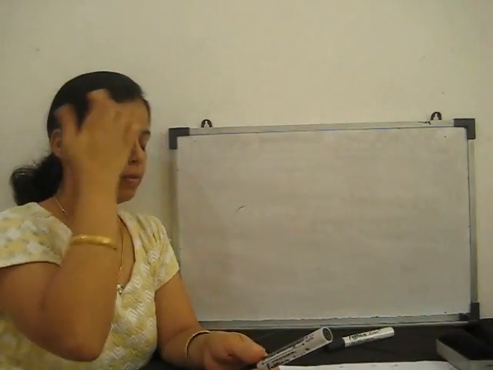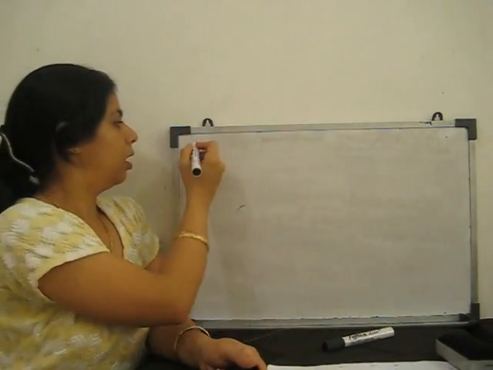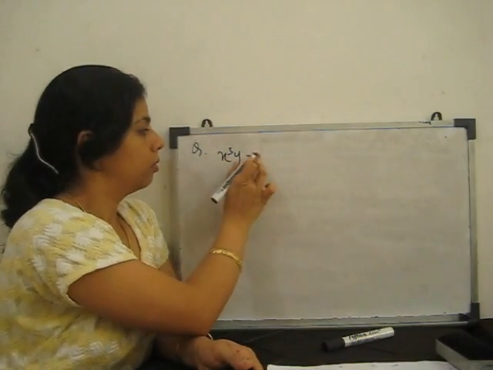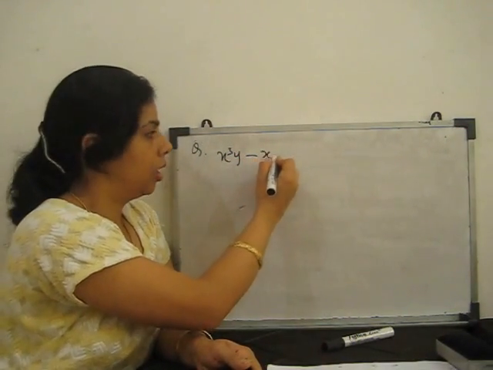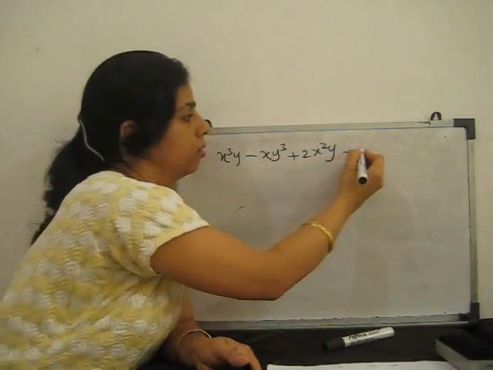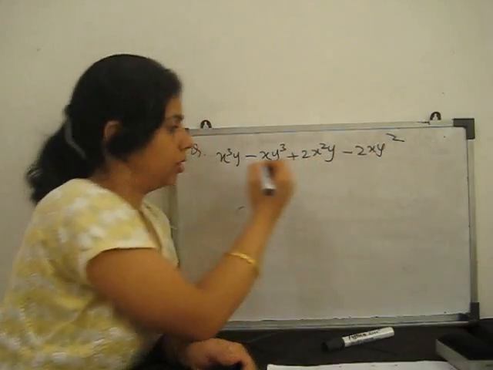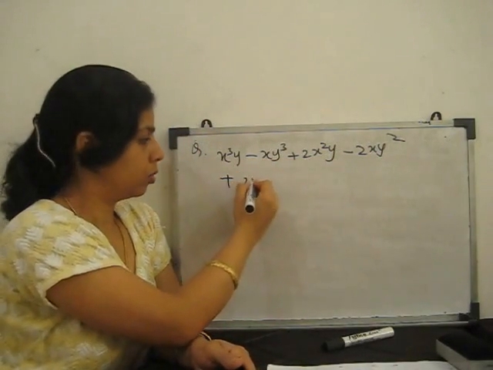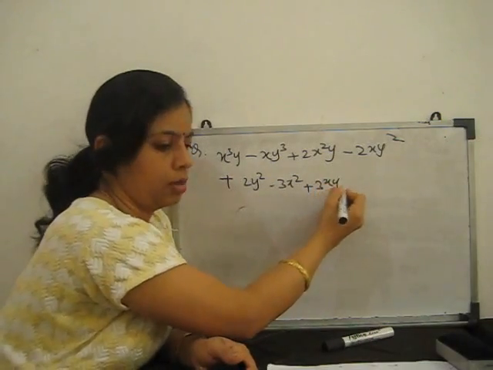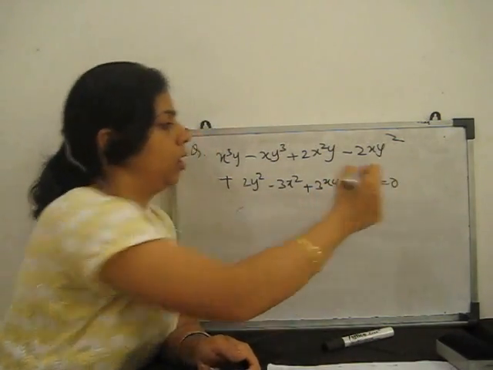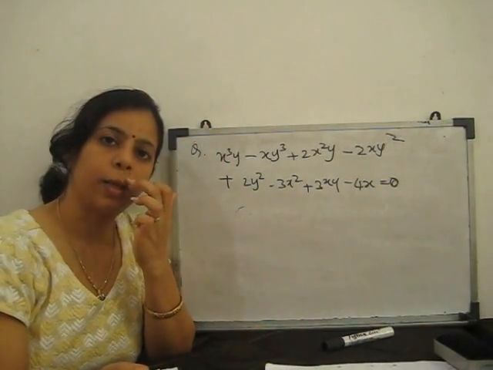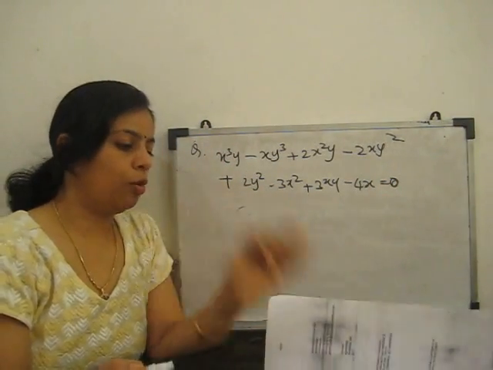So first question: determine the radius of curvature at (0, 0) for the curve x cube y minus x y cube plus 2x square y minus 3x square plus 3xy. The given curve is this, and we have to find out the radius of curvature at (0, 0) for this curve.